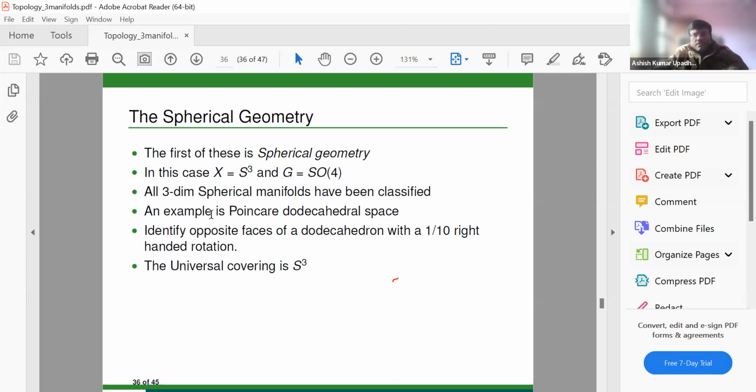An example of a manifold carrying this geometry is the Poincare dodecahedral space. How to obtain this dodecahedral space? You take a solid dodecahedron and identify opposite faces with a 1/10 right-handed rotation. Then you get a spherical geometry on the quotient space, and the universal covering naturally is S3.